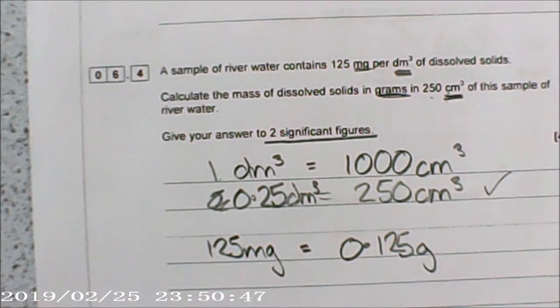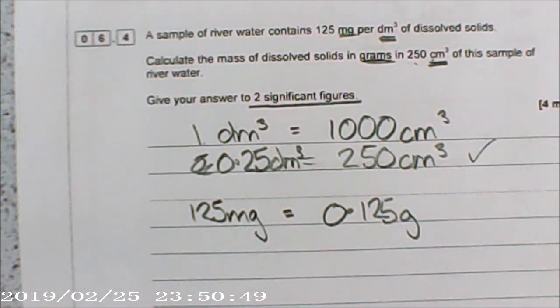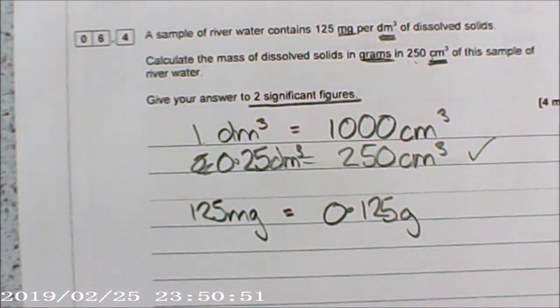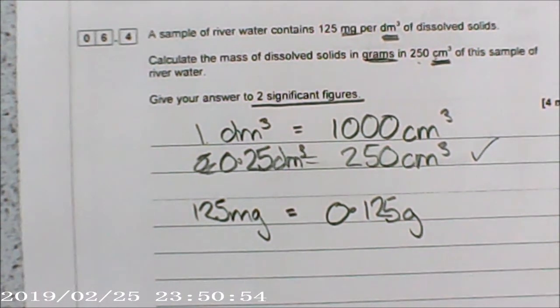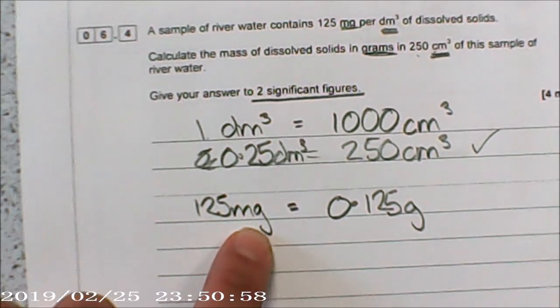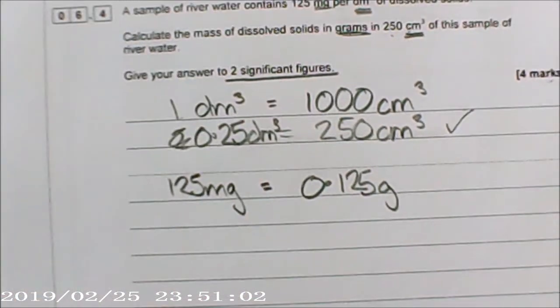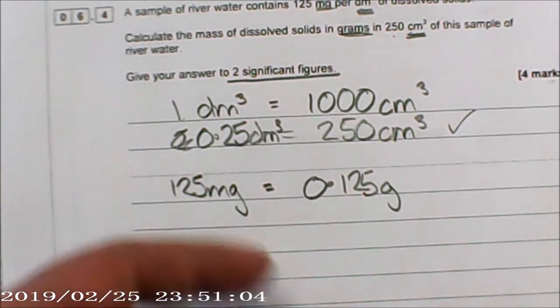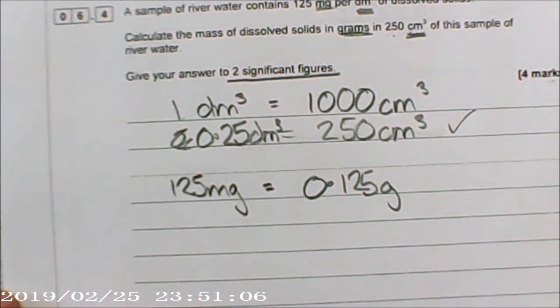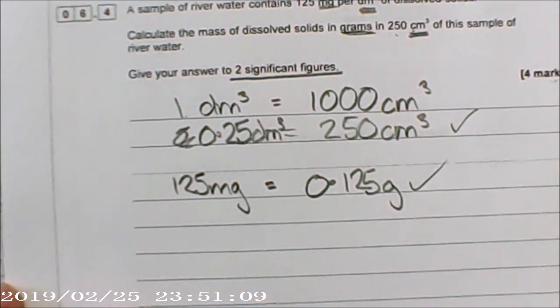Okay, if you're really unsure about conversions, most of the time it's 1,000, so you're either going to have to divide or times by 1,000. A milligram is smaller, so you can have more of them in a gram. Okay, so I always used to go back, just check that it made sense. Now that conversion is also worth 1 mark.